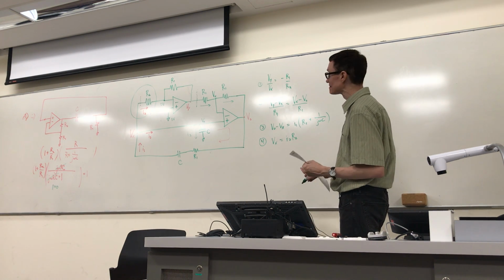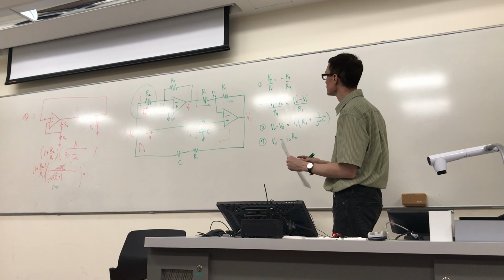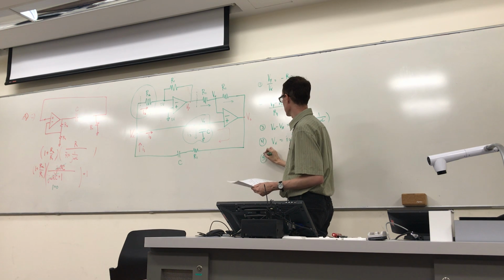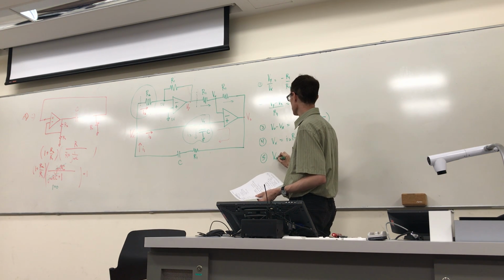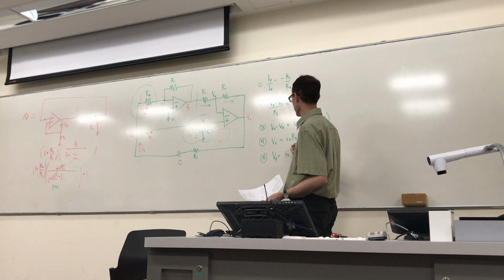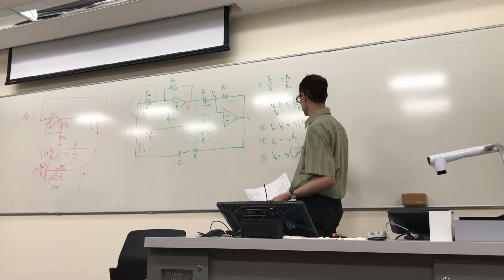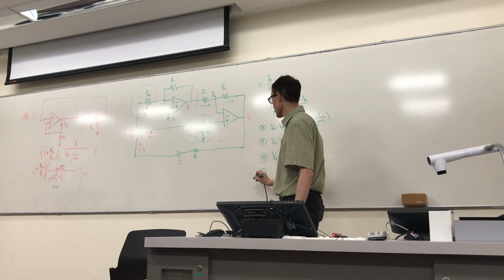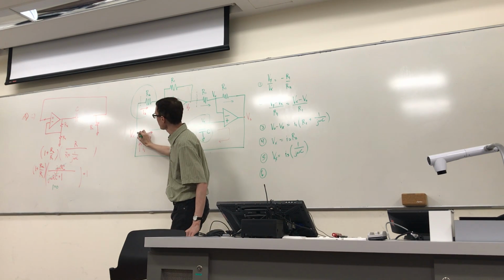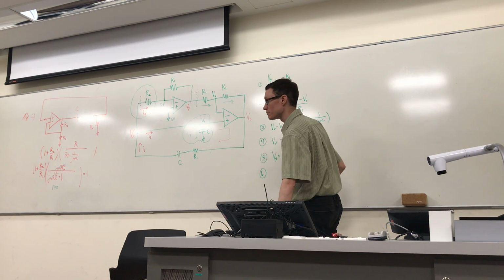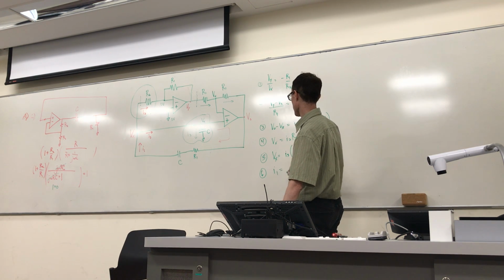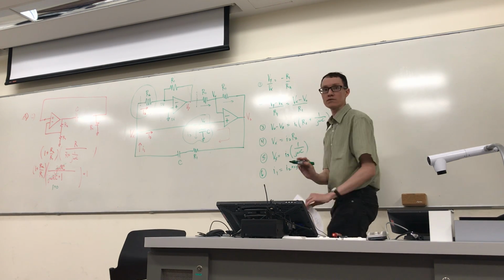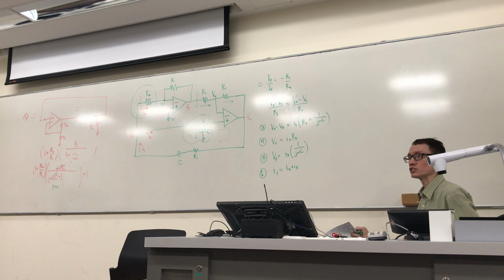V equals IR. And we also have this branch right here. So Vx equals I3 times the impedance of that capacitor. And finally, for the sixth equation, I'm going to use Kirchhoff's current law at this node. Those currents all have to sum up to 0. So we've got in equals out. We've got current I1 coming in, and we've got I2 and I3 coming out. So there's all 6 equations.